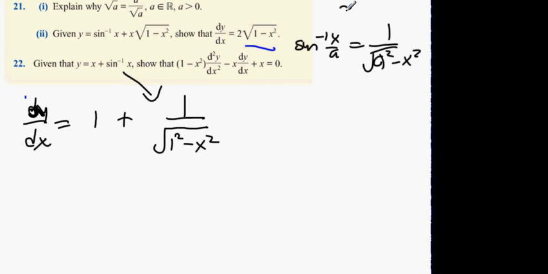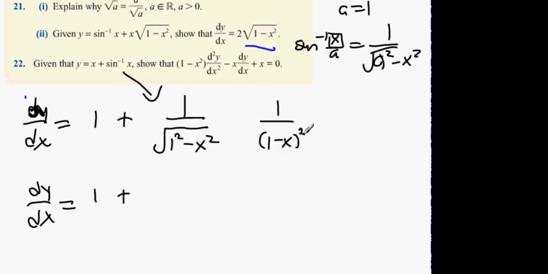Okay, so a equals 1 and x equals x. So there's no change. Now that I've done that, I need to differentiate a second time. I'm not going to differentiate this yet. What I'm going to do is rewrite it. I'm going to rewrite this as 1 over 1 minus x squared to the power of a half.